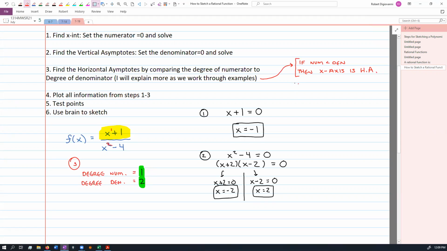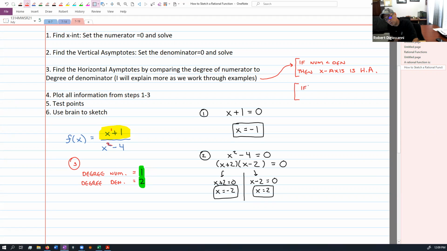Now, if the degree of the numerator is greater than the denominator, if it were the other way around, like had this been a 2 and that been a 1, then you have no horizontal asymptotes. I'm putting HA for horizontal asymptotes. No horizontal asymptotes exist.